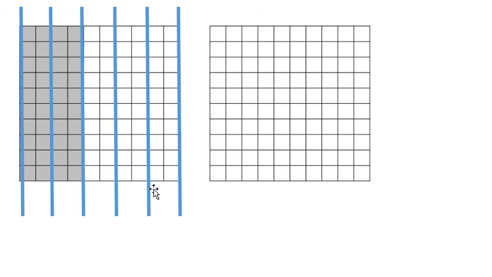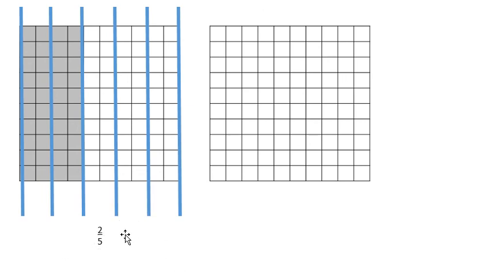So if I took my 100 grid and I cut it up into 5 equal pieces like this, I now have my denominator of 5. And here we have 2 pieces that are shaded. So I could write this as 2 over 5, which I could do now. And here's my 2 over 5.